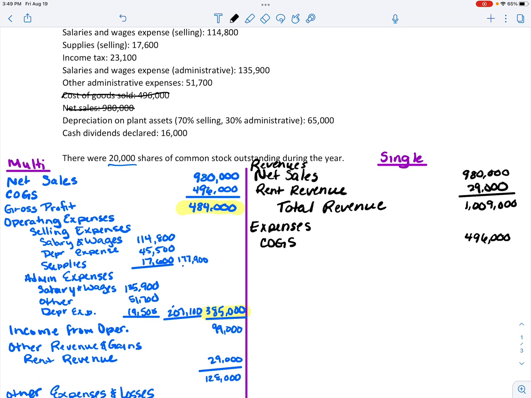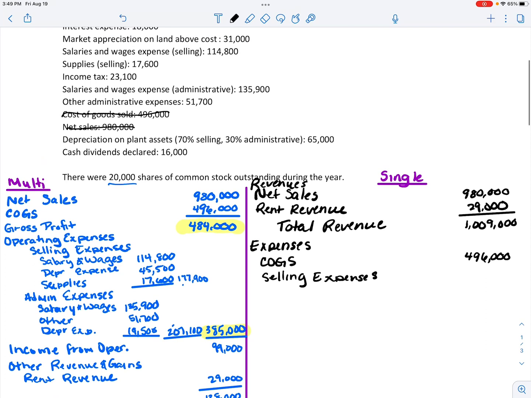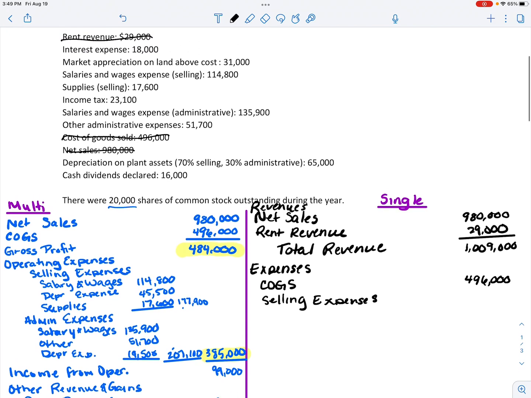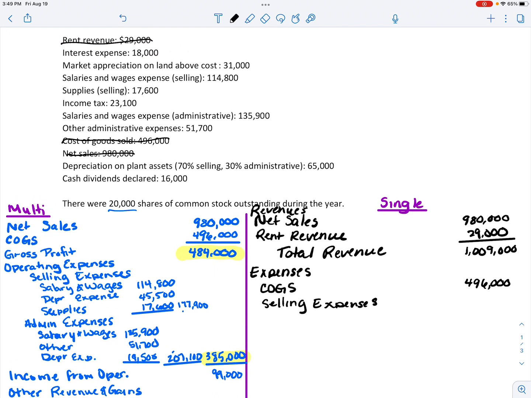I'm going to list out my cost of goods sold, list out those selling expenses. Now here you'll notice, I'll find them up here. Our selling expenses are coming from this, coming from this, coming from this. So we need to go ahead and add those three things up to find our total selling expenses.